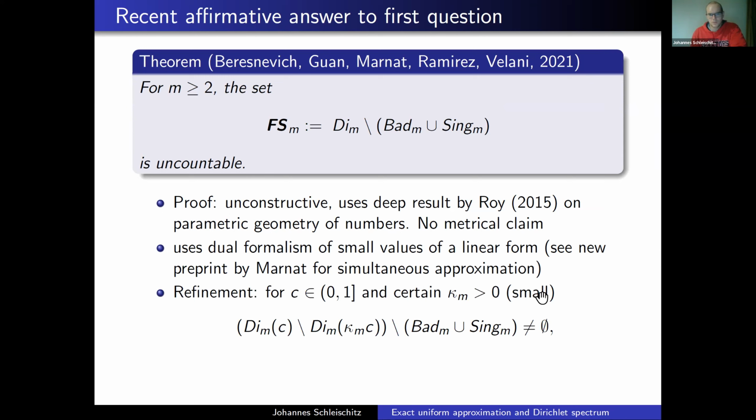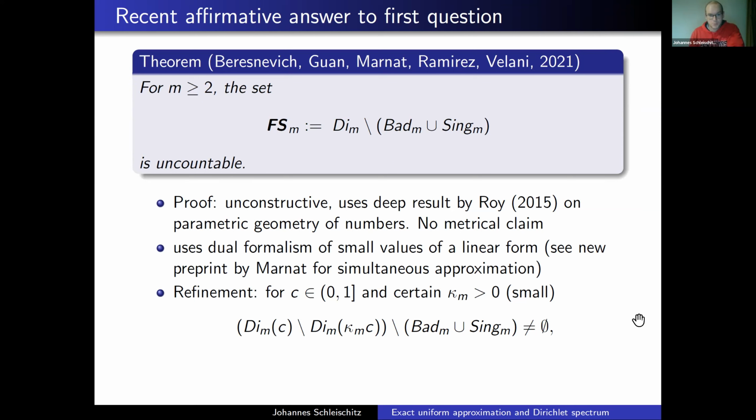So for my talk, most importantly, you can say that D_m of c, you can even take out some dim of kappa_m times c. And then in fact you don't need this factor here anymore, but it's not forced.